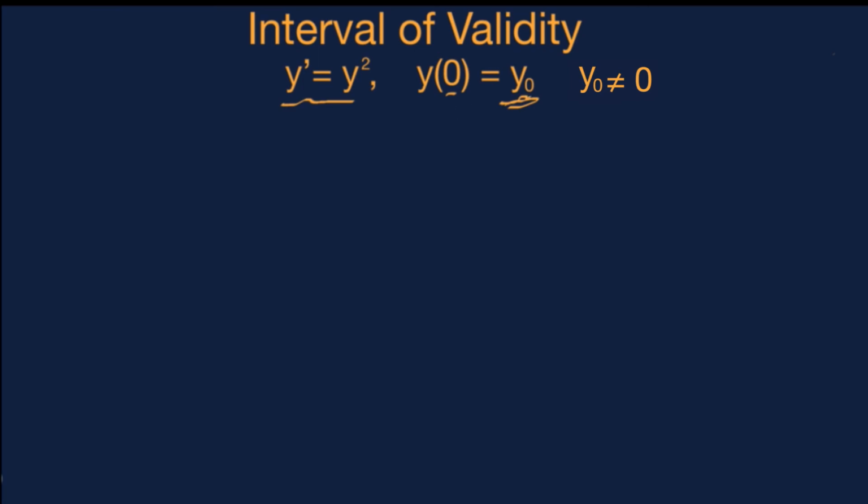And unlike with linear equations, we cannot find the interval of validity of nonlinear equations without solving the equation first. But before we solve this equation, we can actually check to see if our problem has a unique solution.